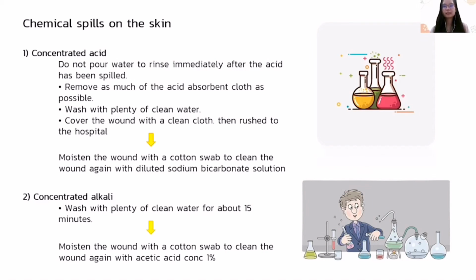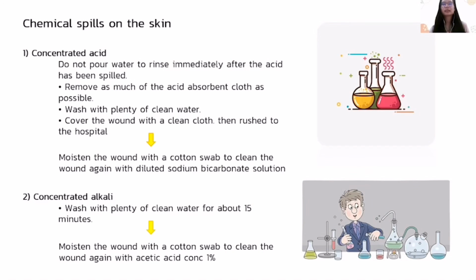Wash with plenty of clean water and cover the wound with a clean cloth, then rush to the hospital. Moisten the wound with a cotton swab to clean the wound again with diluted sodium bicarbonate solution.